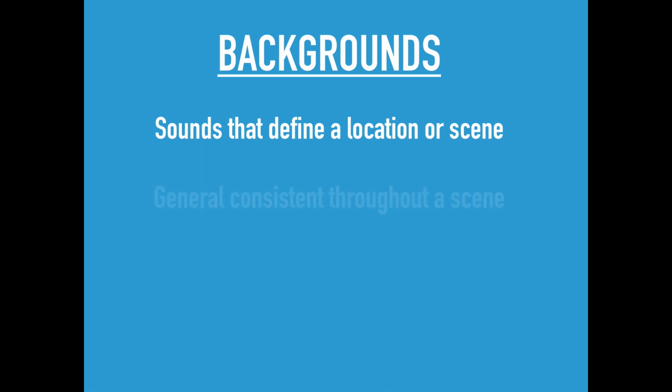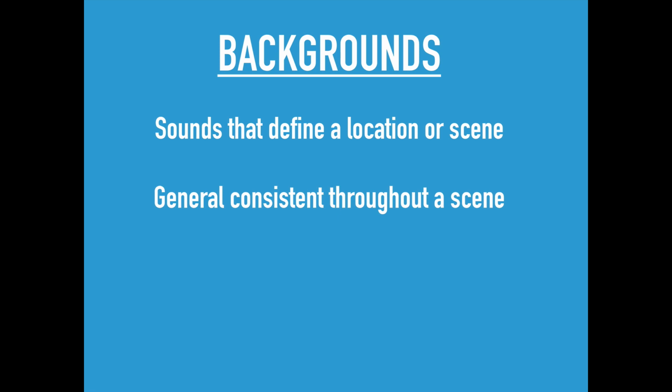What these things really are is sounds that define a location or scene. So consistent sounds that are always going to be at that location, that really just make us feel like we're there, right? So we want to engage our audience. We want them to feel like they're consumed by these locations and that they're realistic most of the time anyway.